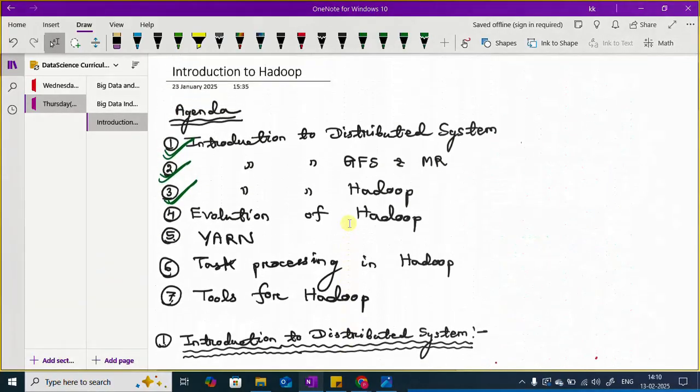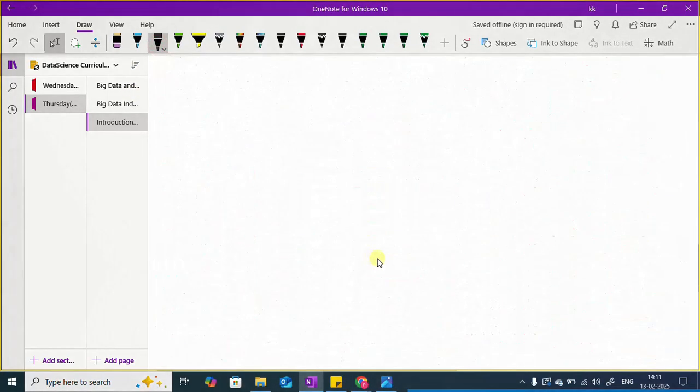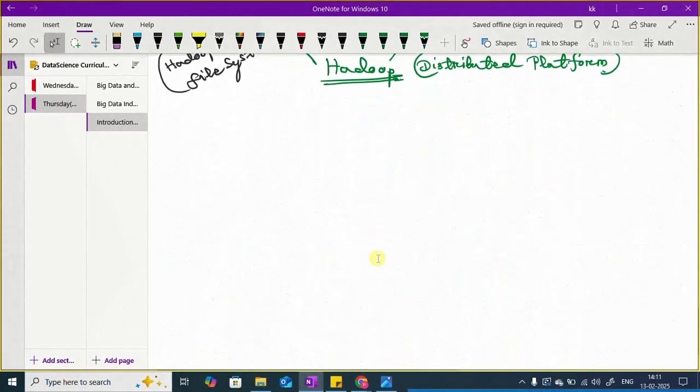Now, the evolution of Hadoop, anyhow, I have also completed that. Now we'll introduce YARN, which is a very important topic altogether. Fifth, YARN.